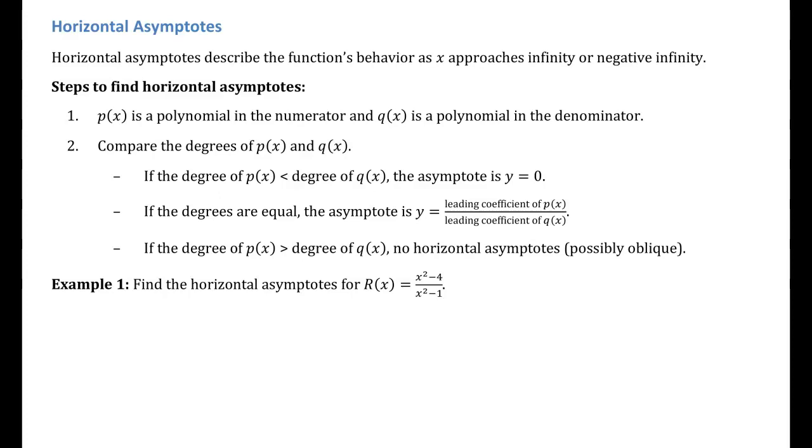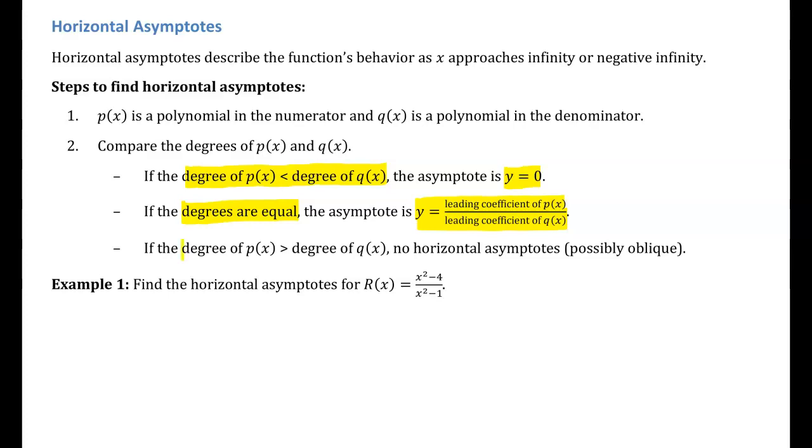So if the degree of p of x is less than the degree of q of x, then we have the asymptote y equals 0. Okay? If the degrees are equal, then our asymptote is y is equal to the ratio of the leading coefficients.